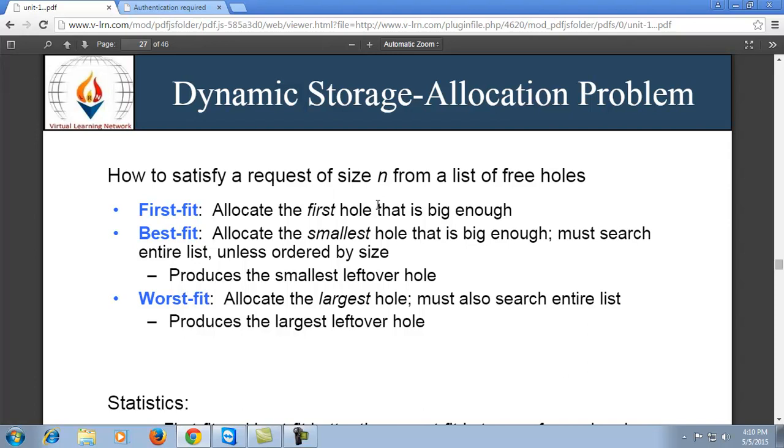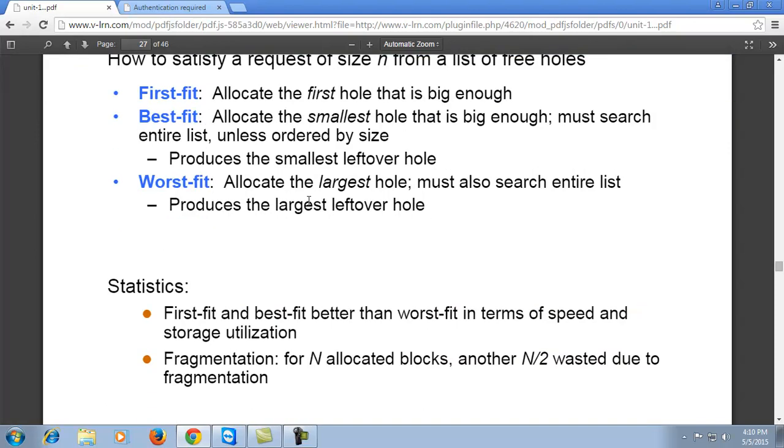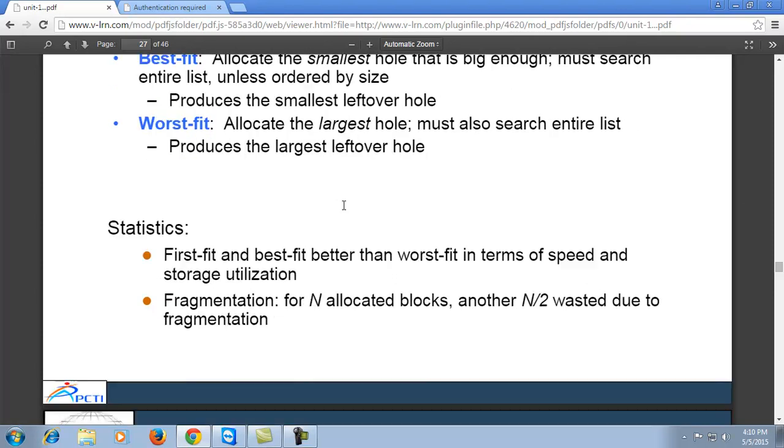It must also search the entire list, and it produces the largest leftover hole. Stats: first fit and best fit are better than worst fit in terms of speed and storage utilization. Next is fragmentation. For n allocated blocks, another n by 2 are wasted due to fragmentation.